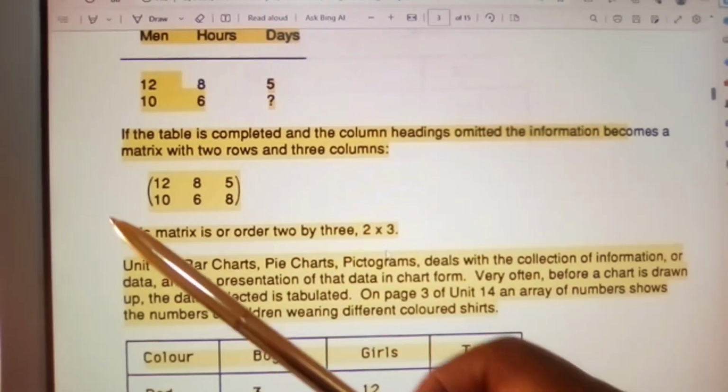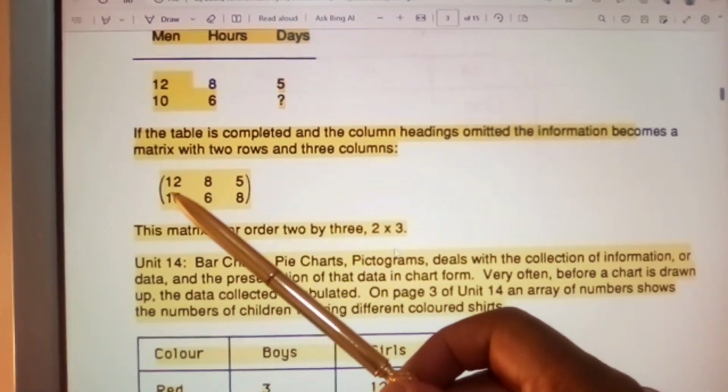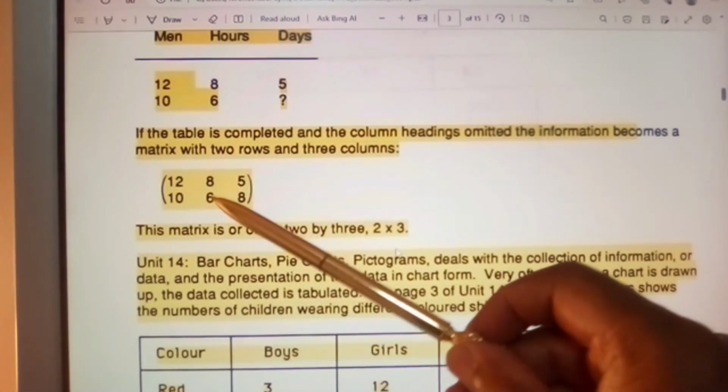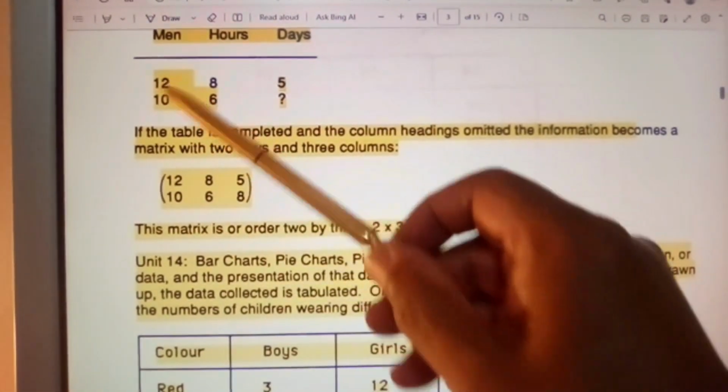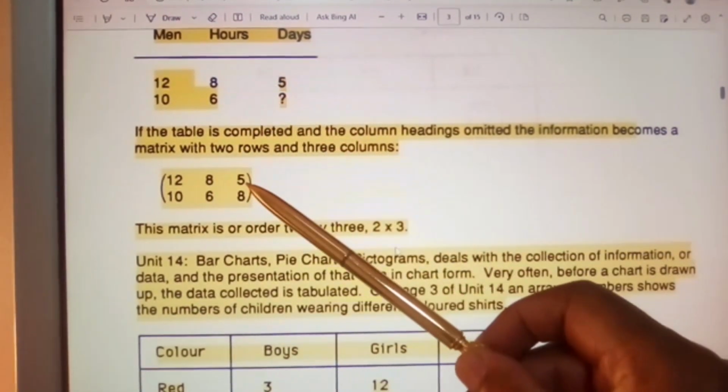Here we have 2 rows and 3 columns. Column 1, column 2, column 3. And here's our data.